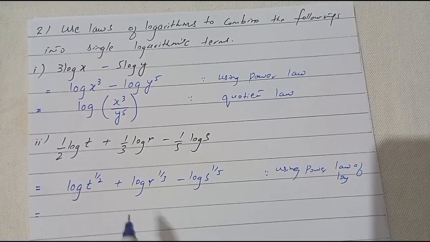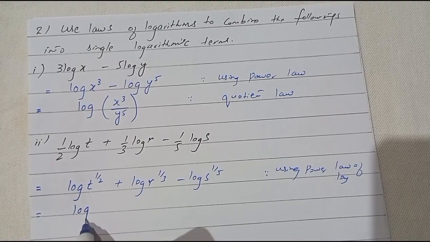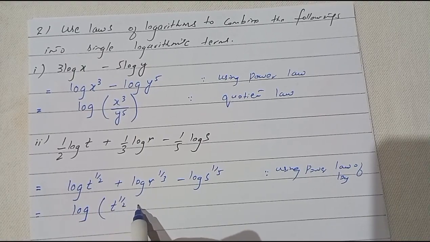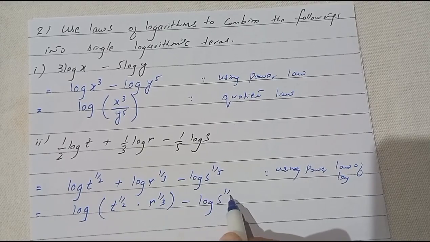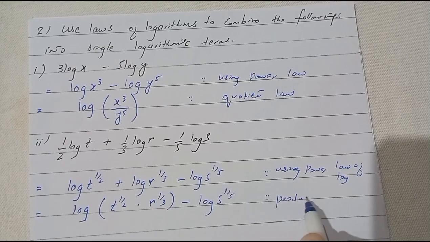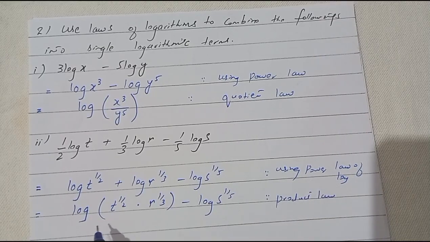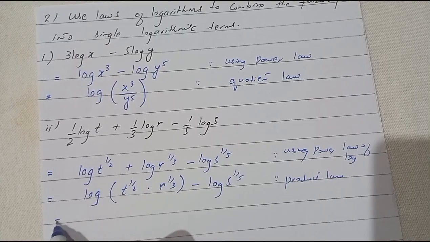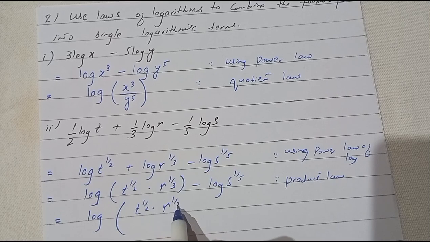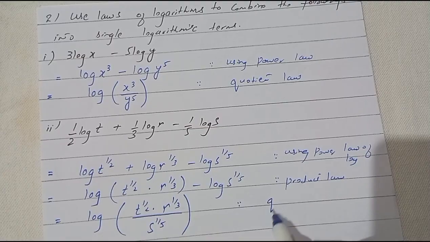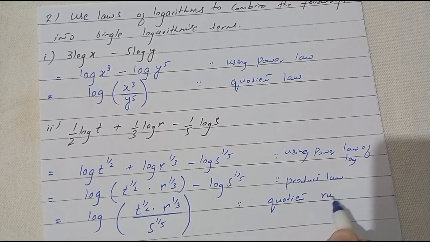Now applying product law, that is log of the product of t and r terms, log t power 1 by 2 multiplied by r power 1 by 3 minus log of s power 1 by 5. Now this is the product law. Now applying quotient law, as two logs are subtracted, we write them as log of t power 1 by 2 multiplied by r power 1 by 3 divided by s power 1 by 5. So this is the quotient law.